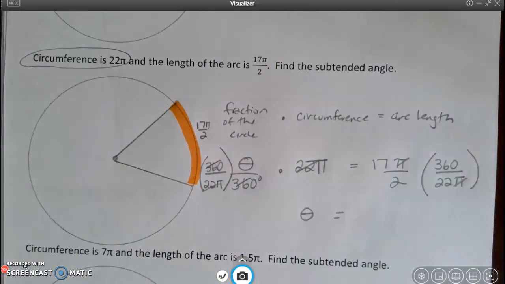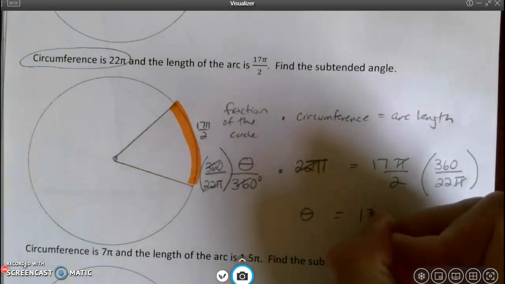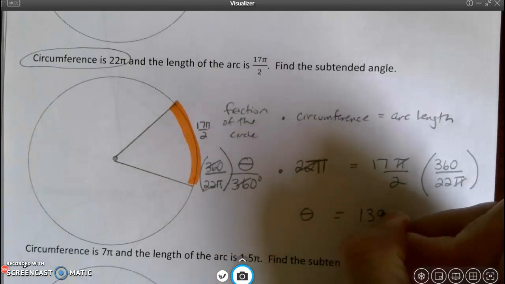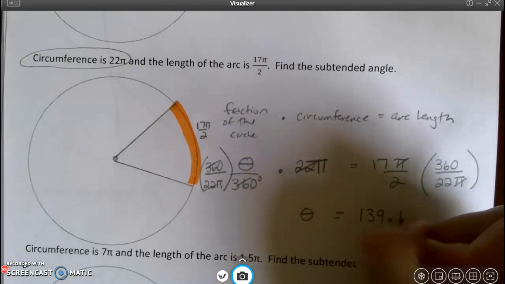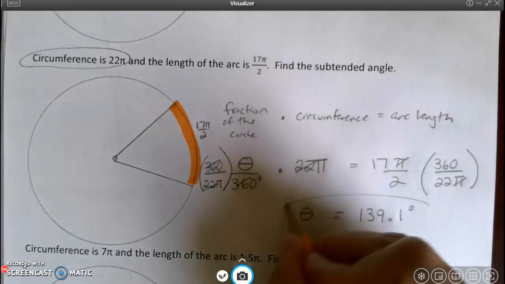And then in my calculator, I'm going to take 17 times 360 and then divide by 2 times 22, I know is 44. And I get 139.1 degrees approximately.